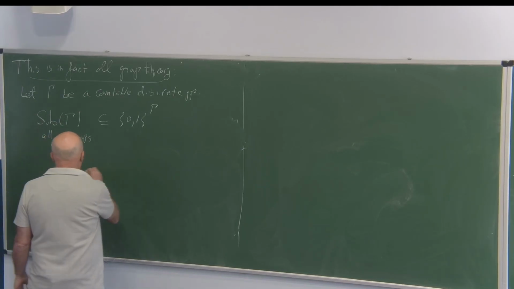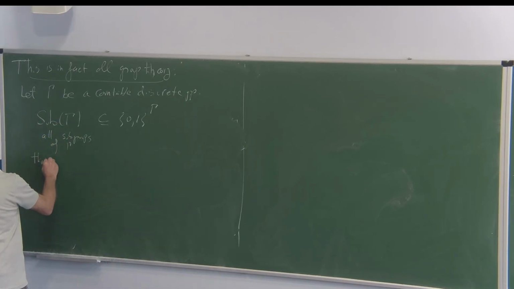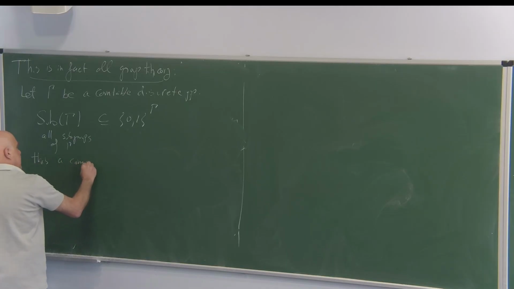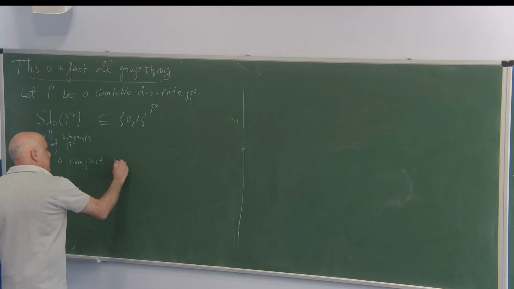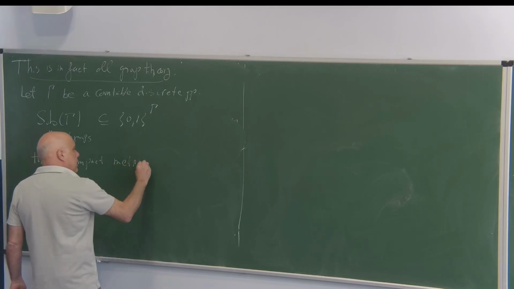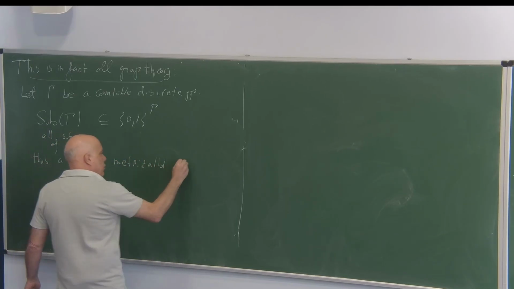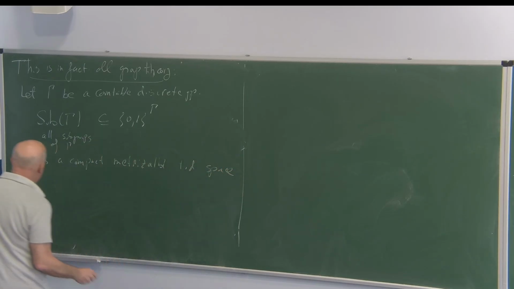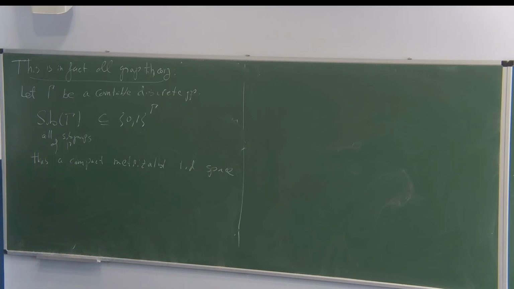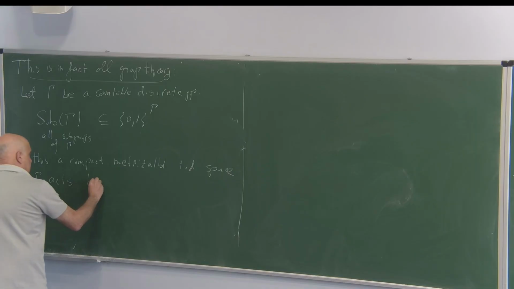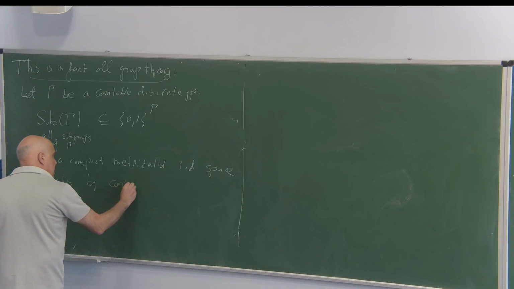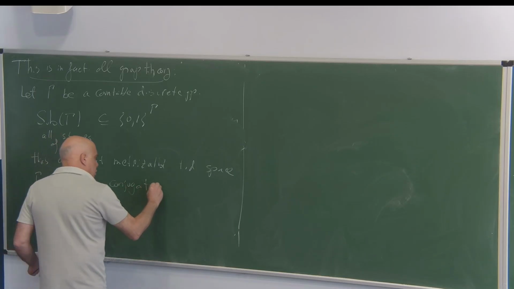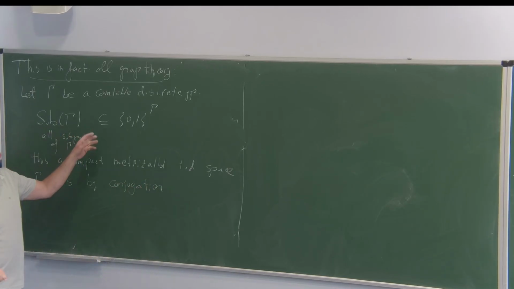So this is a compact metrizable totally disconnected space, and gamma acts here by conjugation. Don't make the mistake of taking the left action, right?